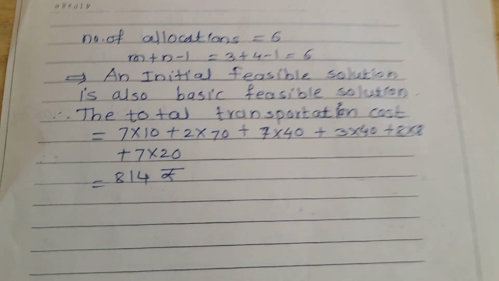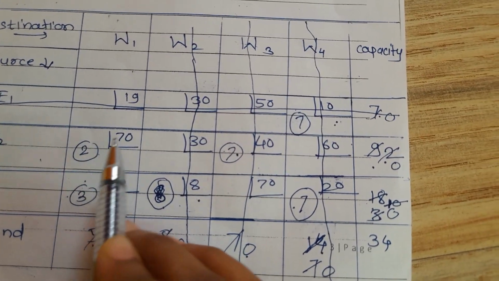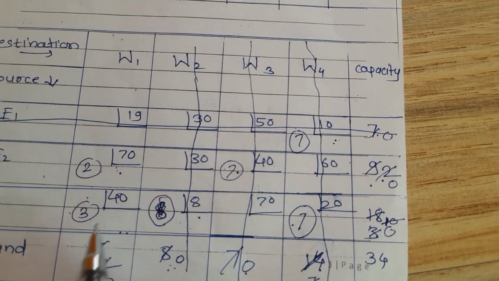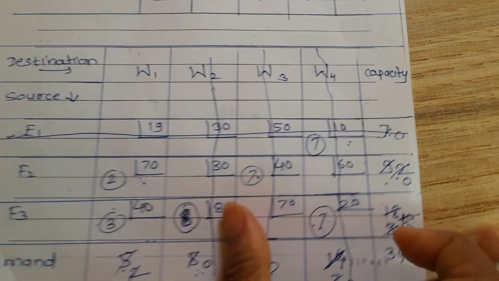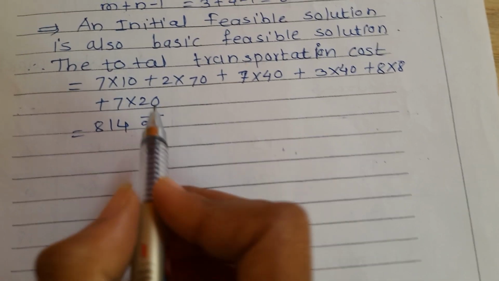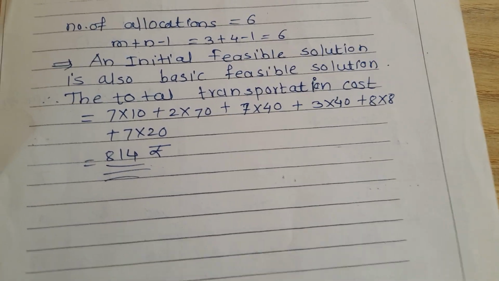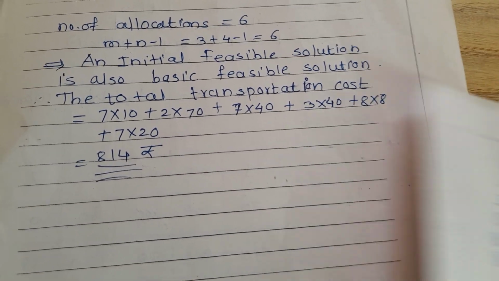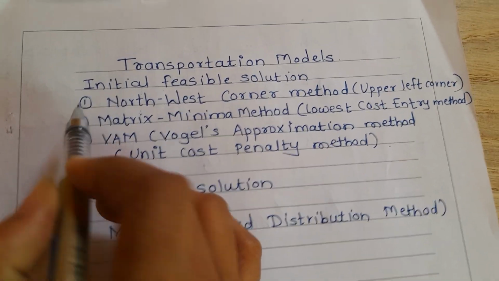Therefore, we find the transportation cost as 7 into 10, plus 2 into 70, plus 7 into 40, plus 3 into 40, plus 8 into 18, plus 7 into 20. Therefore, our total transportation cost is 814 rupees, which is less than our first method's transportation cost. The first method is the northwest corner method.